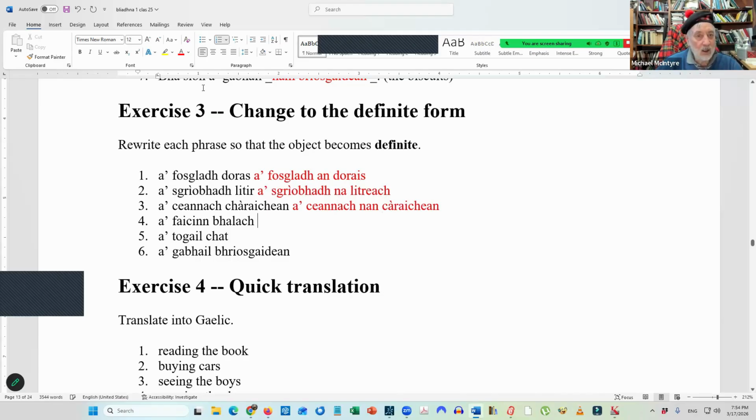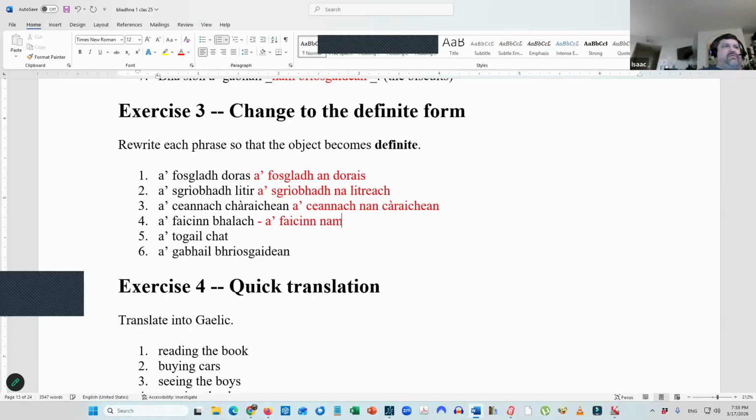So we want to see a fechin balak, which would be seeing the boys. What would the be? It would be nam. A fechin nam balak. Okay, clever.